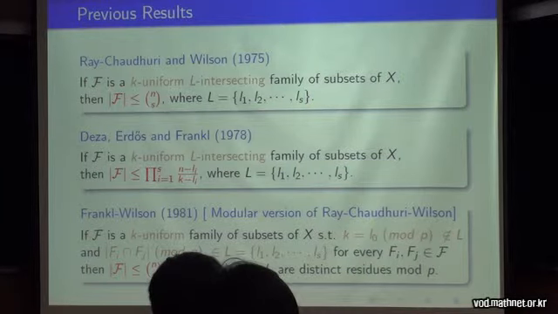In 1981, Frankl and Wilson got the modular version of the Ray-Chaudhuri and Wilson result. They got the same upper bound.